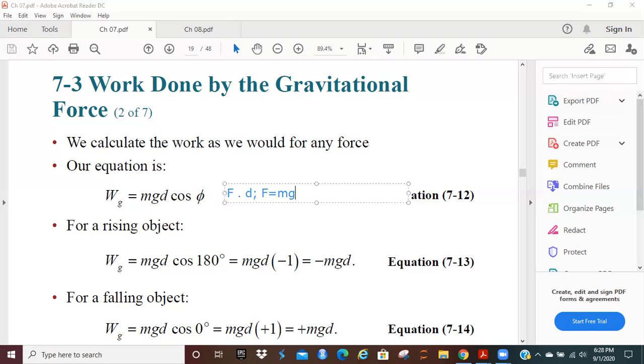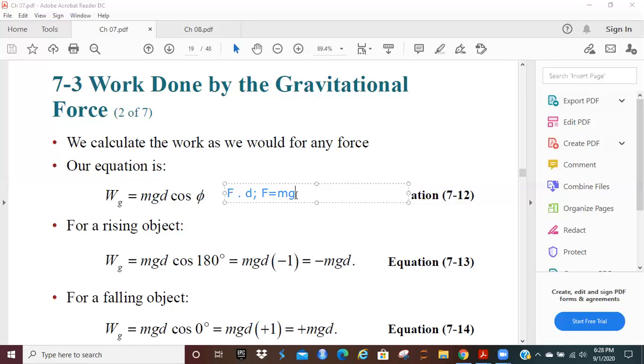Force is always going to be equal to mass times acceleration. And in this case, the acceleration is going to be called what? In this case, it'll be called gravity. That's our acceleration.